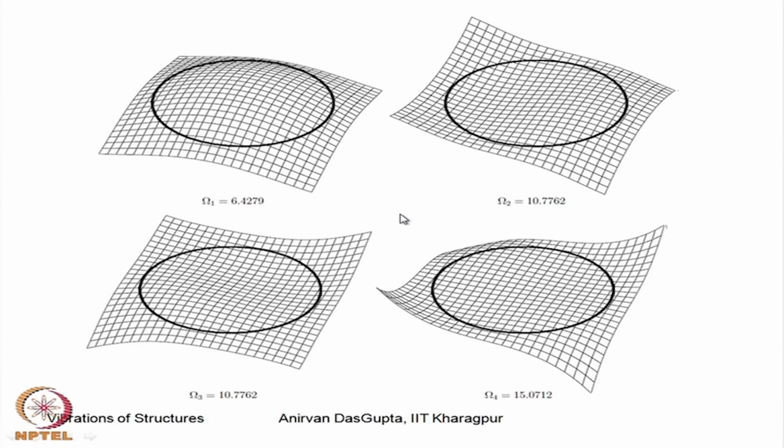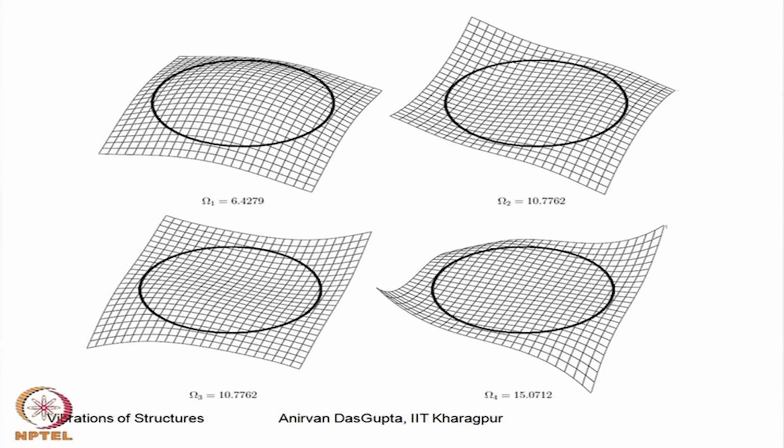As you can see, this is nothing but a rotation of pi by 2, which is the symmetry of this problem, because this is a square plate. Rotation of pi by 2 is not going to change the problem. So, you can see that this mode is a rotated version of this mode and vice versa. Then this is the third distinct mode. So, these are degenerate modes. The second mode is degenerate.